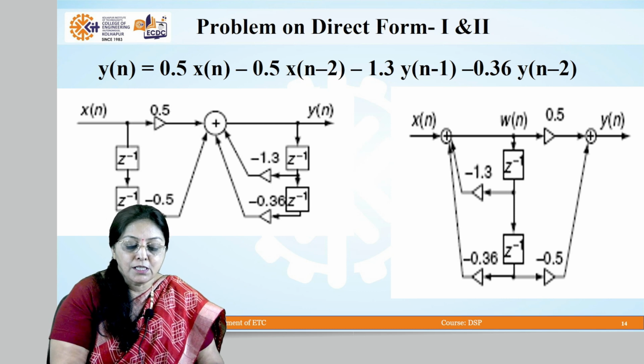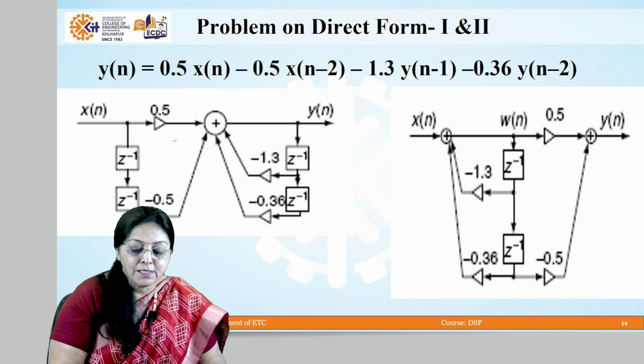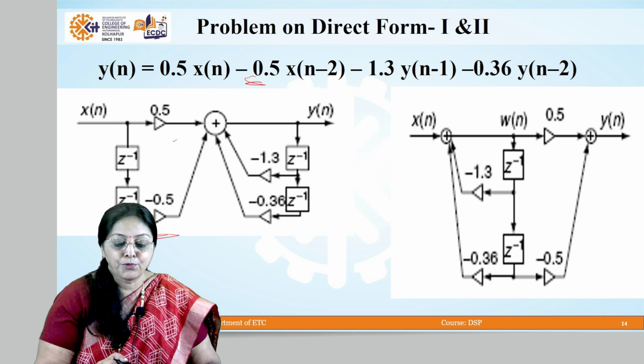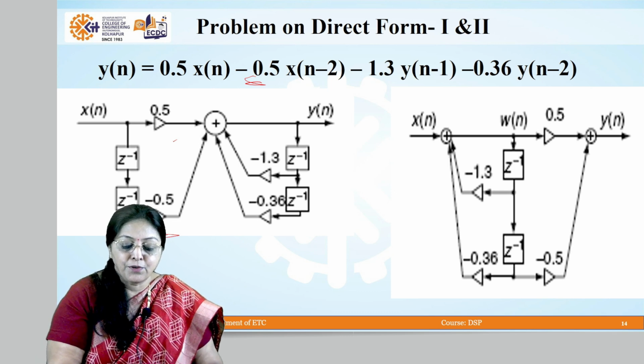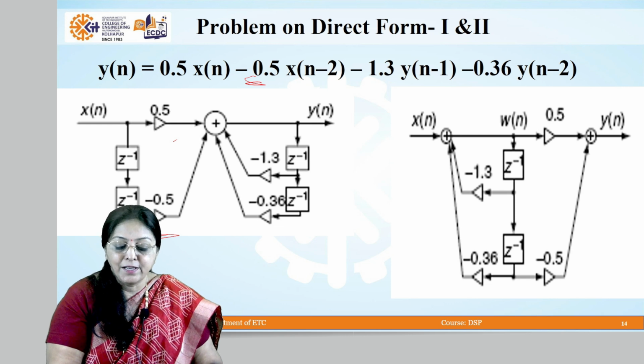So we are using the single 0.5 multiplied with the x of n in the first element here. Now here minus 0.5 is used in this equation multiplied with the x of n minus 2. When you observe this, minus 1 upon 3 x of n minus y of n minus 1 and minus 0.36 y of n minus 2.